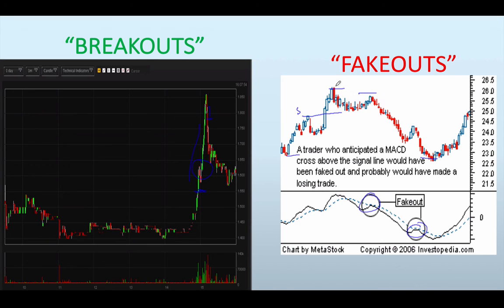You have a first fakeout here, and then you think it's going to ride up and do the same thing that it has, and then it downtrends. And this is where a lot of sellers move on. They sell under this past support, and then the ones who stick around or even buy in here think it's going to move all the way back up to the upside, break out, and have the momentum that it should. It doesn't. A trader who anticipated a MACD cross above the signal line would have been faked out and probably would have made a losing trade.